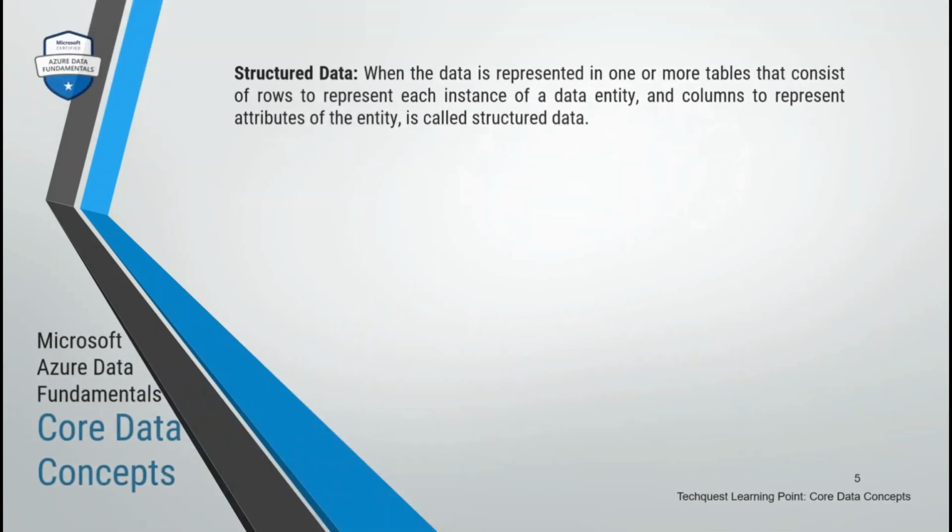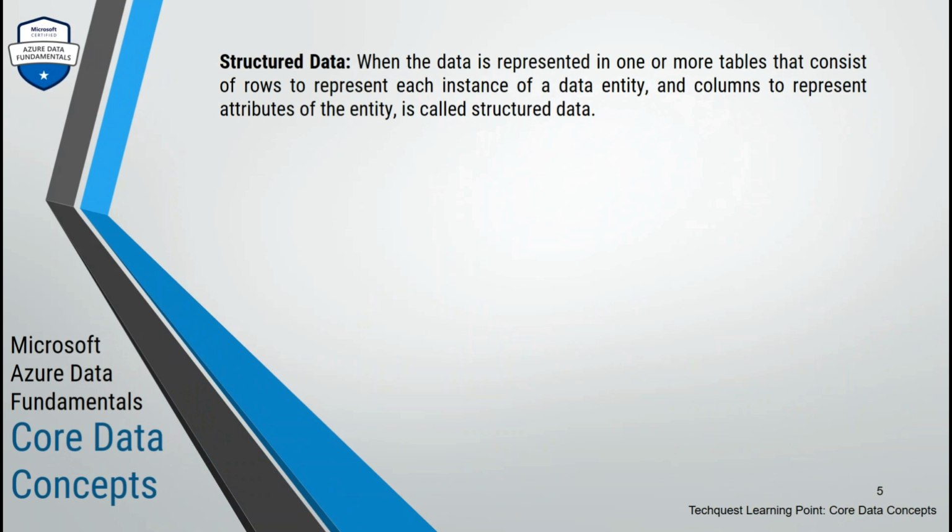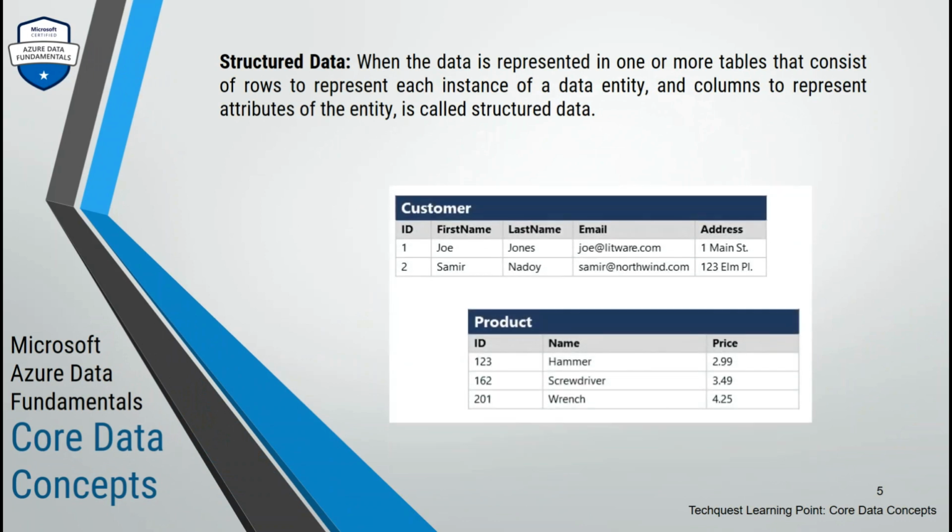Structured data is data that adheres to a fixed schema, so all of the data has the same fields or properties. Most commonly, the schema for structured data entities is tabular. In other words, the data is represented in one or more tables that consist of rows to represent each instance of a data entity and columns to represent attributes of the entity.